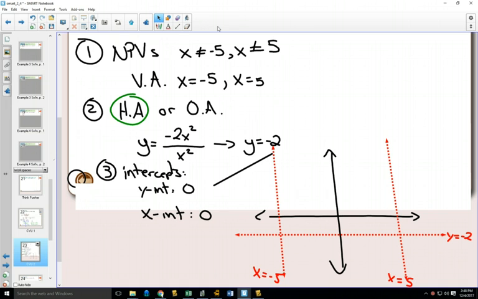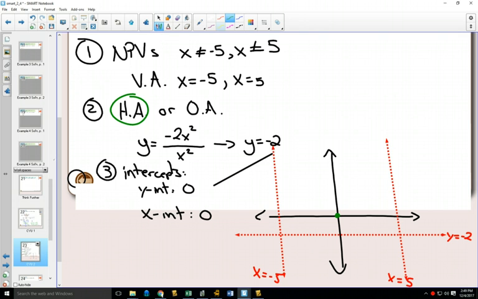We can plug our x-intercept on there. And so this is the only point that we have so far. So we need some more points in order to graph it completely. We know that that's our only x-intercept.